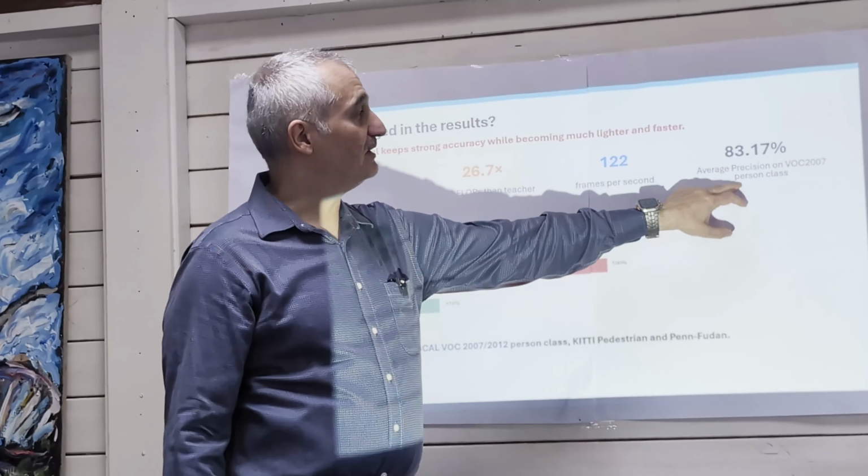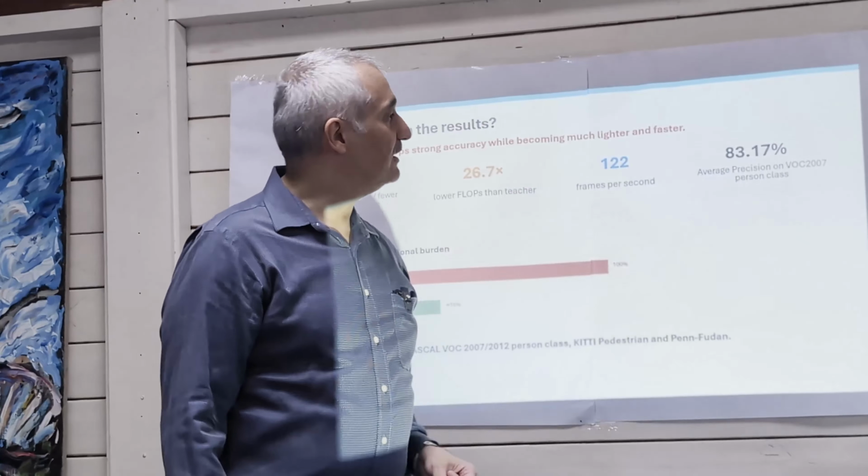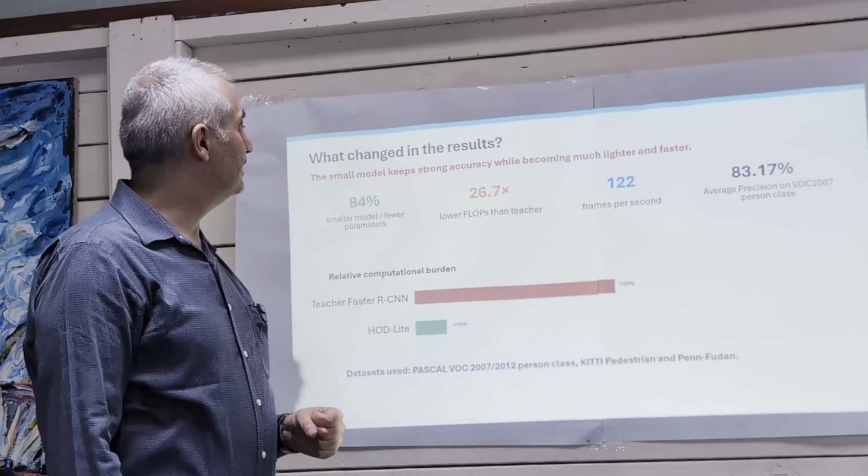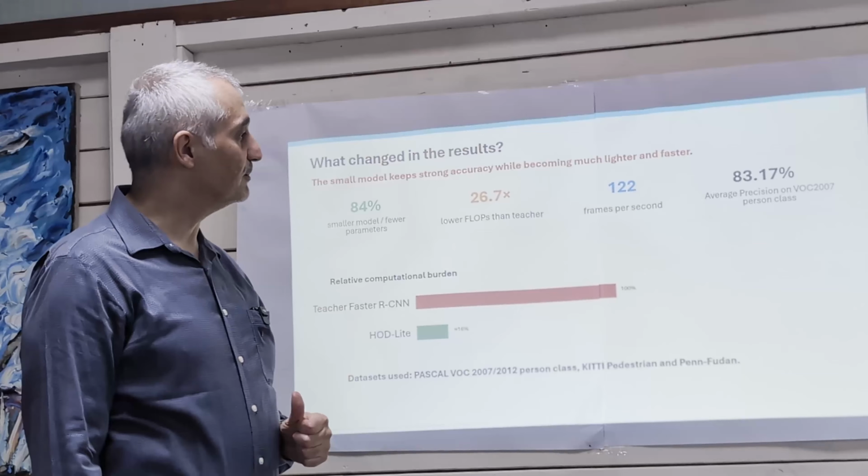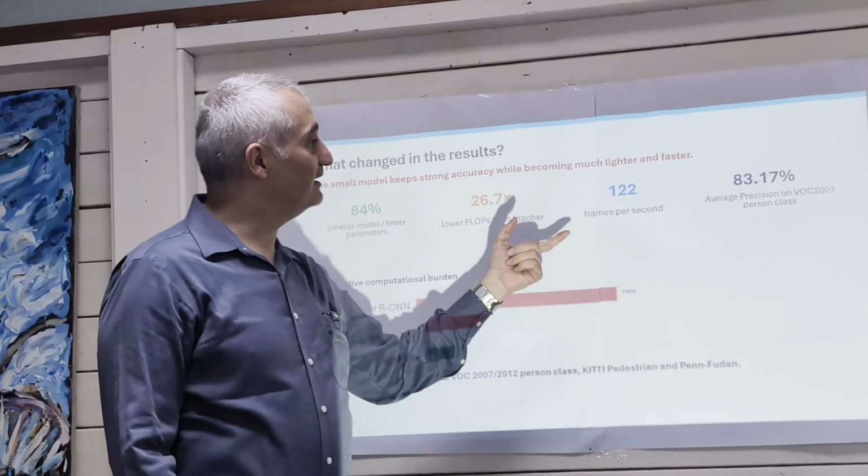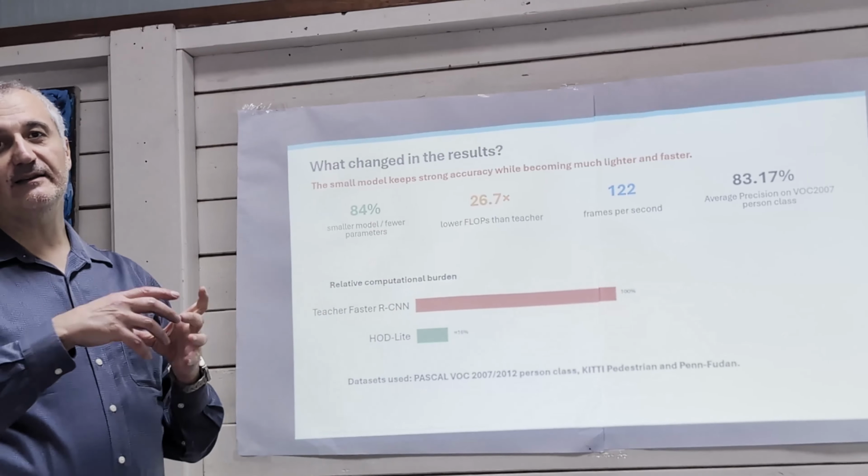The average precision it achieved was around 83, which is pretty much the same as the large model. We also tested this on edge computing devices like the Jetson Orin Nano, if you're familiar with that. We ran it on it, and it ran faster than running it on the actual GPU.